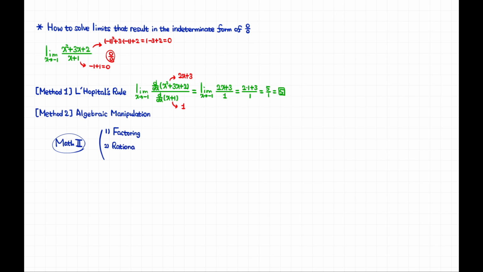The second is rationalizing. The third one is combining fractions, or also known as finding a common denominator.